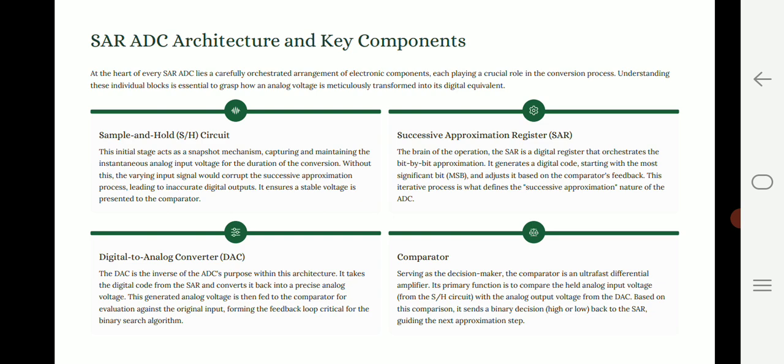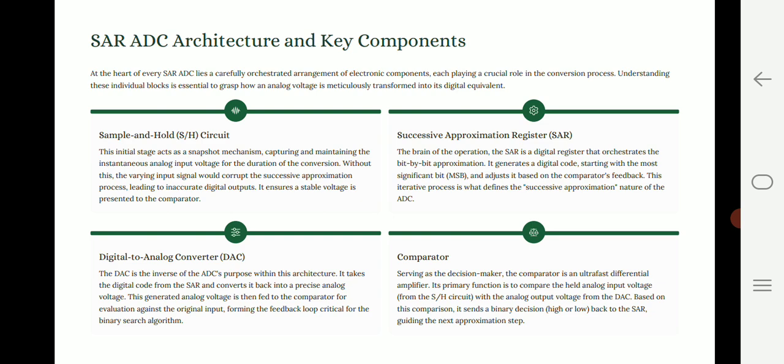Coming to the S/H circuit, this initial stage acts as a snapshot mechanism, capturing and maintaining the instantaneous analog input voltage for the duration of conversion. Without this, a varying input signal would corrupt the SAR process, leading to inaccurate digital outputs. It ensures a stable voltage is presented to the comparator.